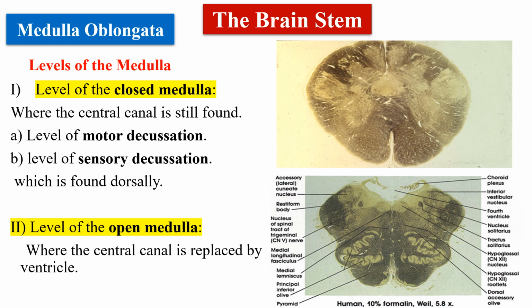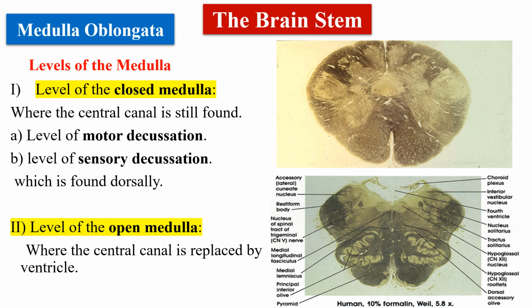As regards the closed medulla, the central canal is still found. So how can I know whether it is closed medulla or open? When I see the central canal present in the diagram or photo, it is closed medulla. But when the central canal is absent and replaced by the ventricle, it is called open medulla.